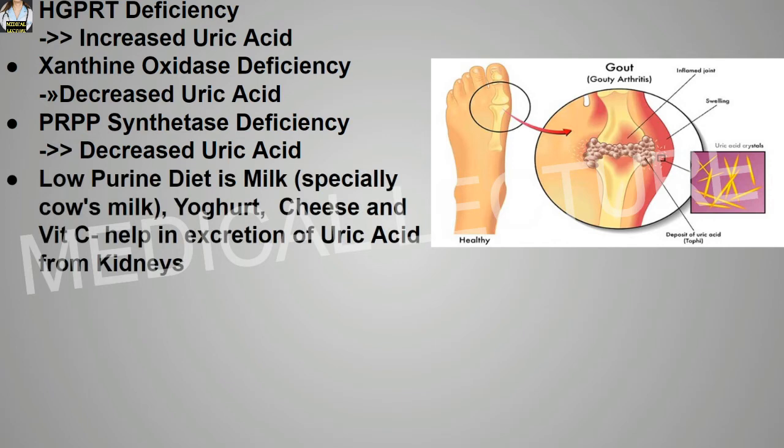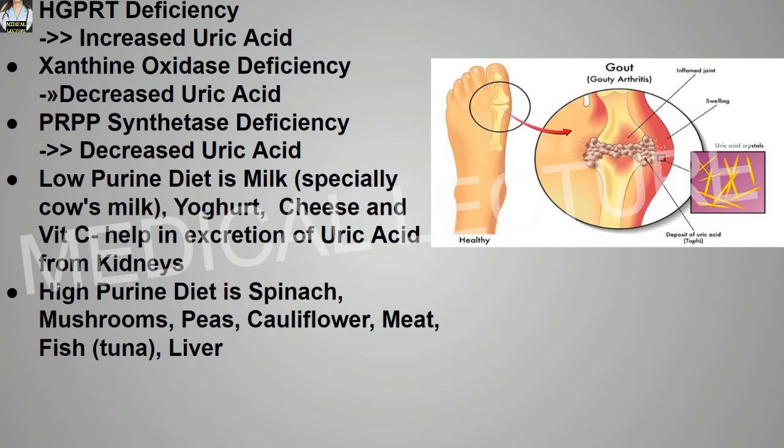A low purine diet, including milk, especially cow's milk, yogurt, cheese, and vitamin C, actually helps in the excretion of uric acid from the kidneys. So if a patient is suffering from decreased excretion of uric acid from the kidneys, a low purine diet is suggested.